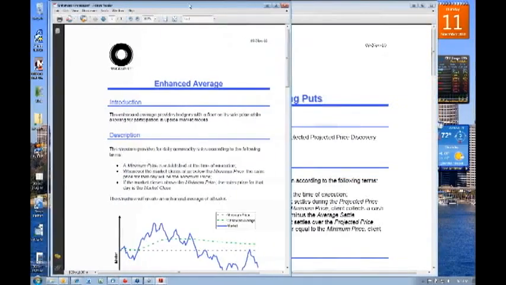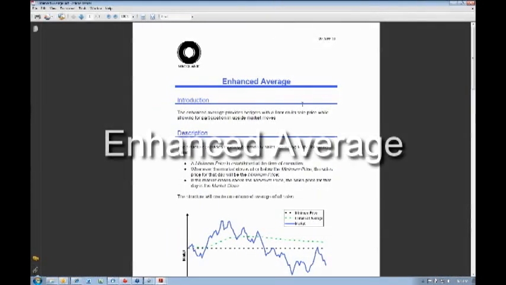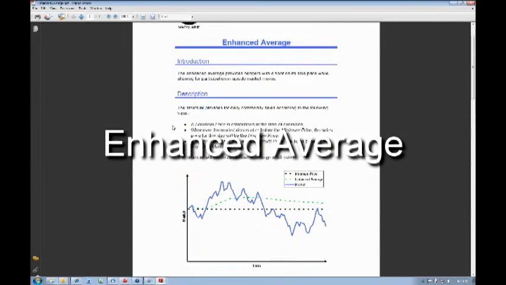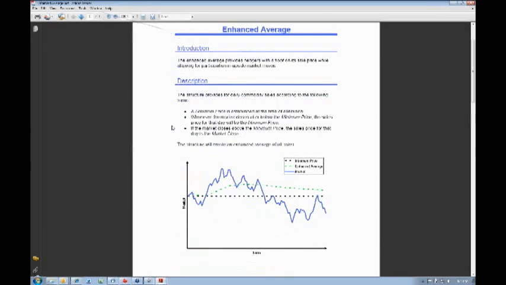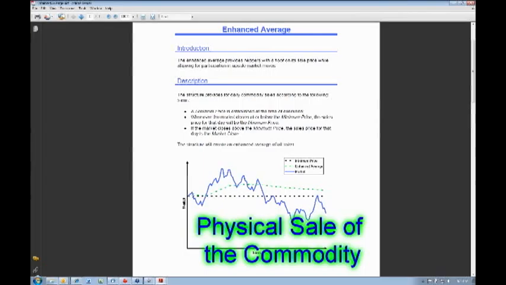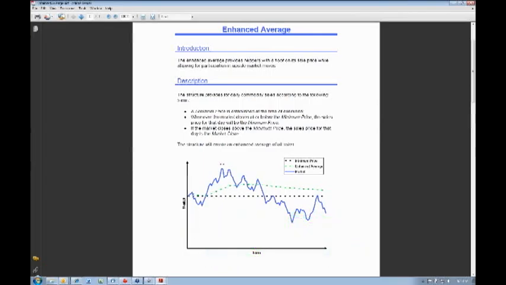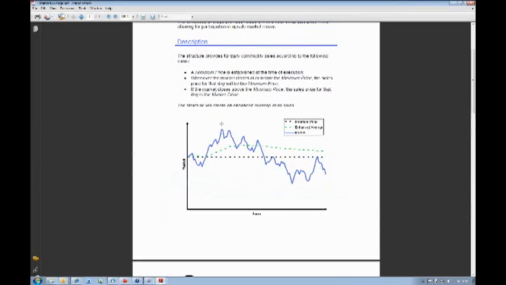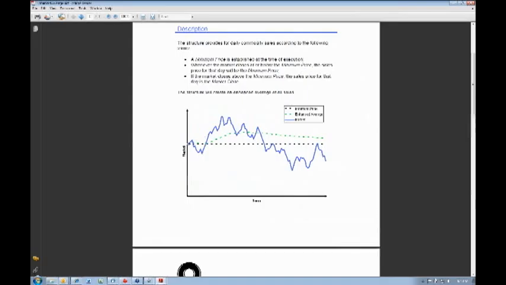If we move over here, this is a little bit different. This is the enhanced average, and this is meant to translate to basically a physical sale of the commodity. So this is a producer that wants to price his grain between two periods of time with a minimum floor and then thrown into an average. So this blue line is meant to indicate, let's say the market does this.